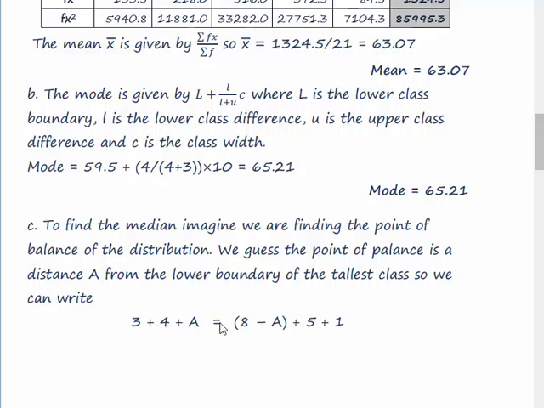Three plus 4 is 7, 8 plus 5 is 13, plus 1 is 14, so we can simplify that slightly.